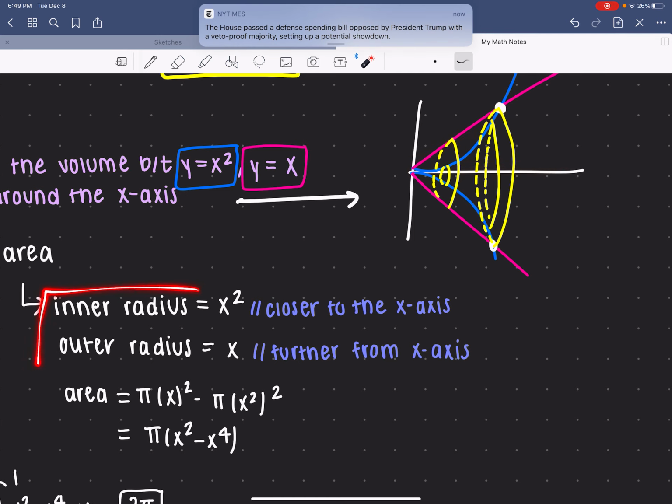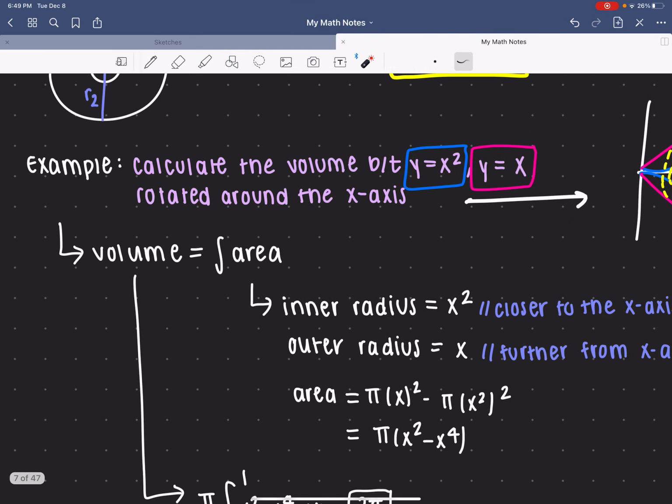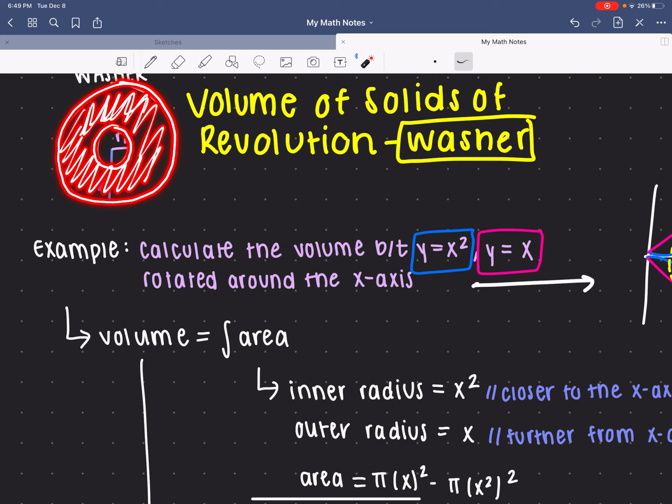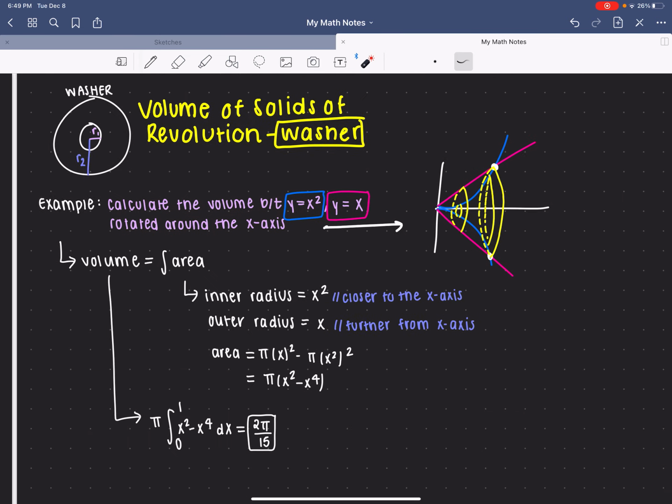So once we define our inner radius and outer radius, we find the area. If you remember, a washer is the area of the big circle minus the area of the smaller circle, leaving the washer area as a remainder. So we're going to do the same thing.